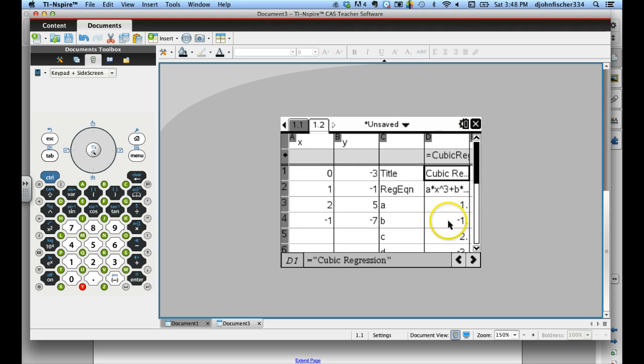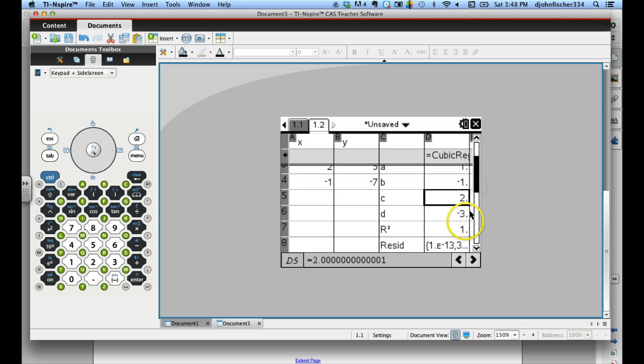Here's our equation. A is 1, B is negative 1, C is 2, and D is negative 3. R squared equals 1, meaning it's a perfect fit. So our A, B, C, D are 1, negative 1, 2, negative 3.